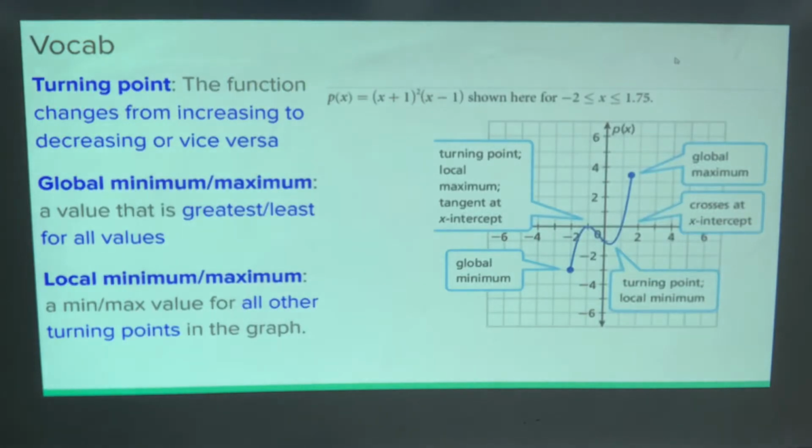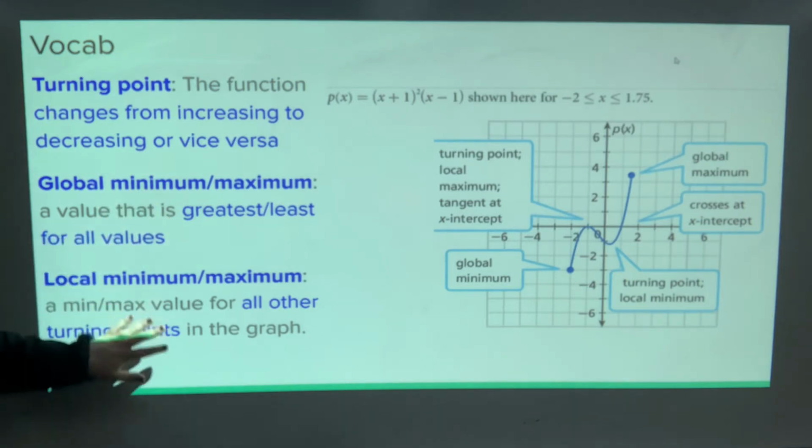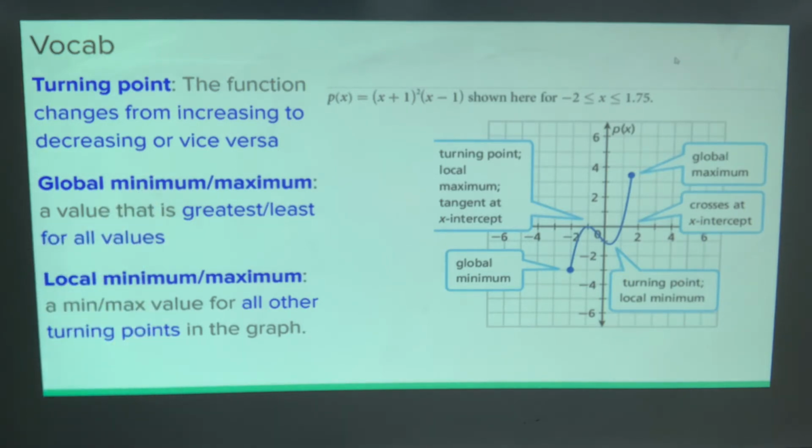Okay, let's take a look at a couple more vocabulary terms. Some of them are new, some of them are very similar to what we've talked about before. A turning point is just the part in a graph where it changes from increasing to decreasing, or vice versa, so from decreasing to increasing. If you look at that example over there that I've graphed, I can definitely see two turning points.